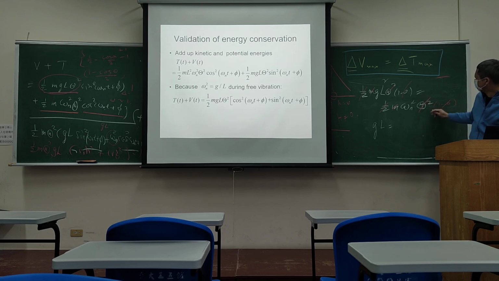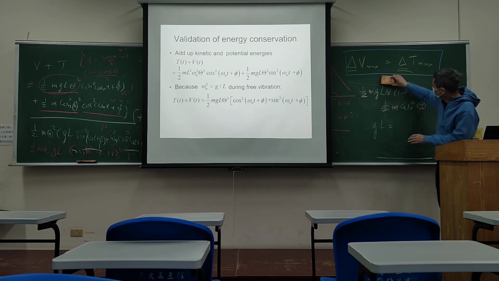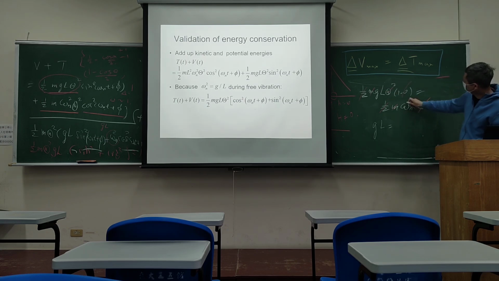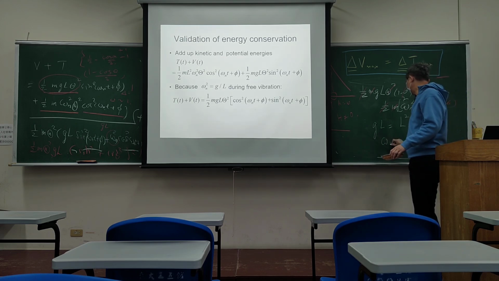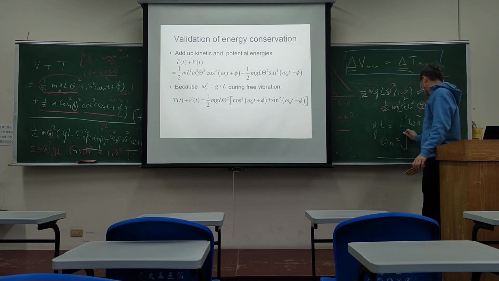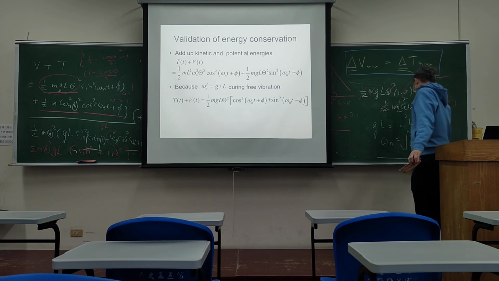And then on the right hand side, I got the mg. No, this is right. Okay, and this I got the L squared here. So you have gL, L squared omega n squared. So this now omega n is equal to the square root of g over L.